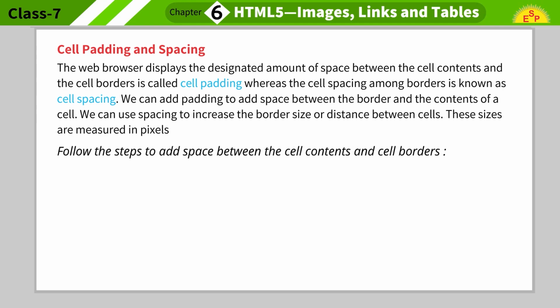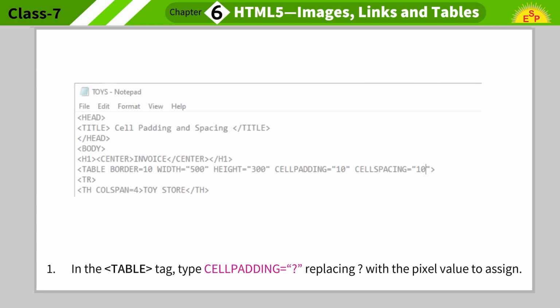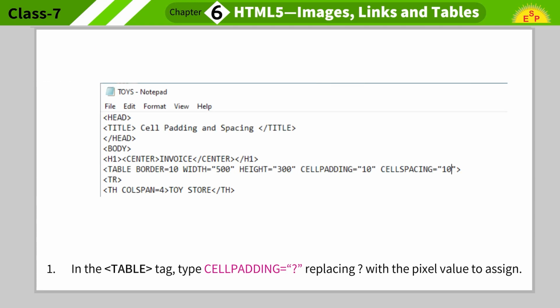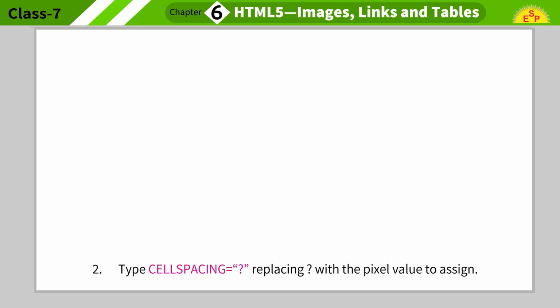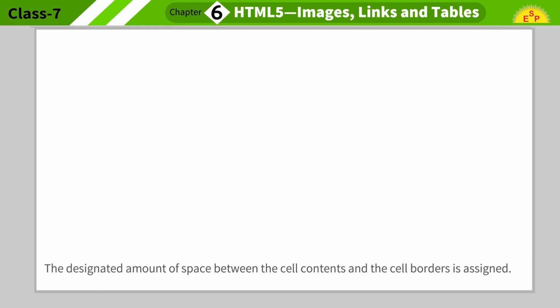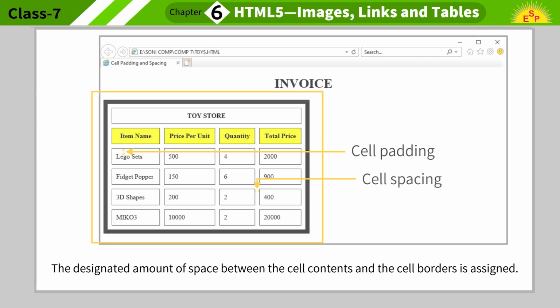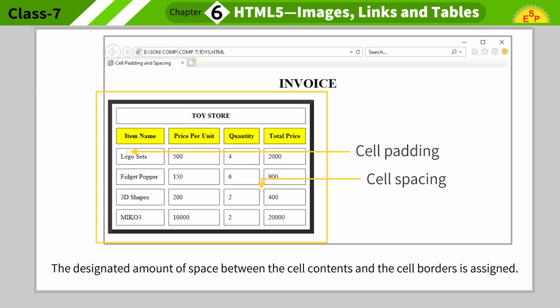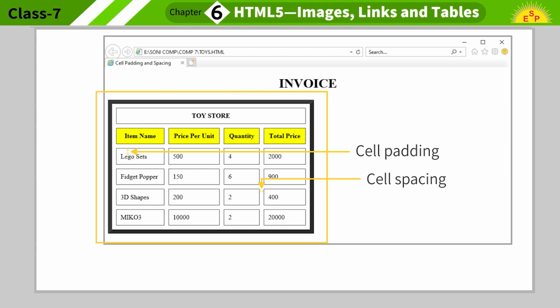Follow the steps to add space between the cell contents and cell borders. Step 1. In the table tag, type cellpadding equals, replacing with the pixel value to assign. Step 2. Type cellspacing equals, replacing with the pixel value to assign. The designated amount of space between the cell contents and the cell borders is assigned.